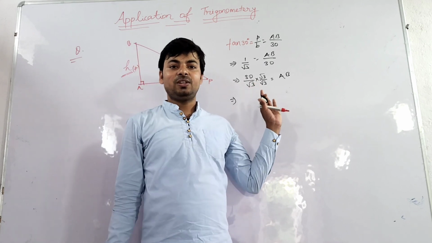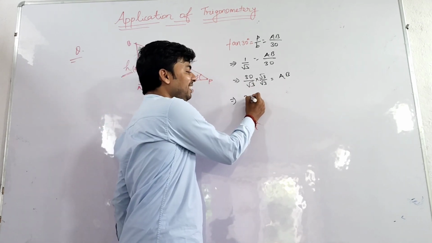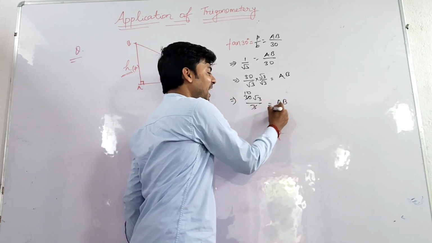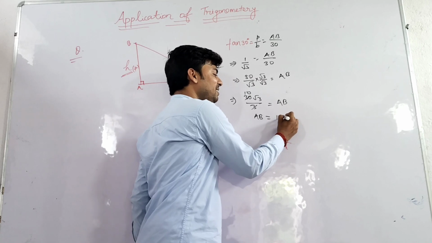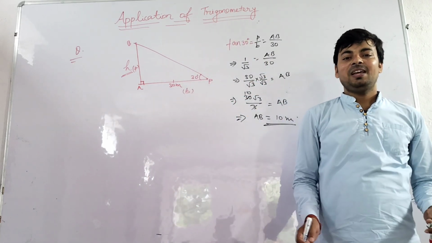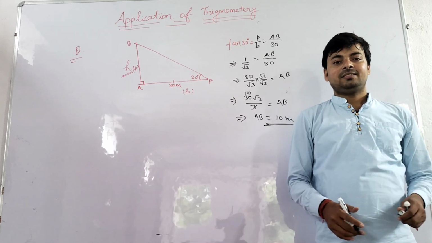So 30 upon root 3 into root 3 upon root 3 gives 30 root 3 upon 3, which is 10 root 3. So the height of the tower is 10 root 3 meters. In this way we can find out the height of anything. Thank you.